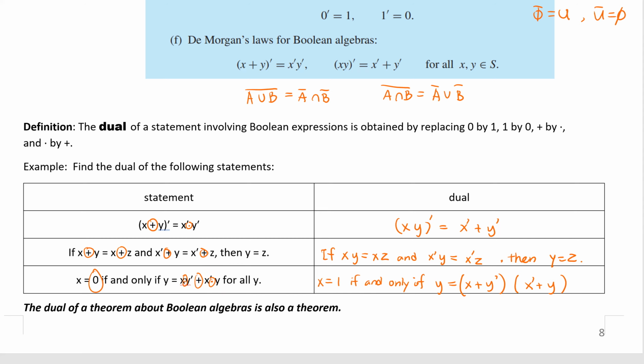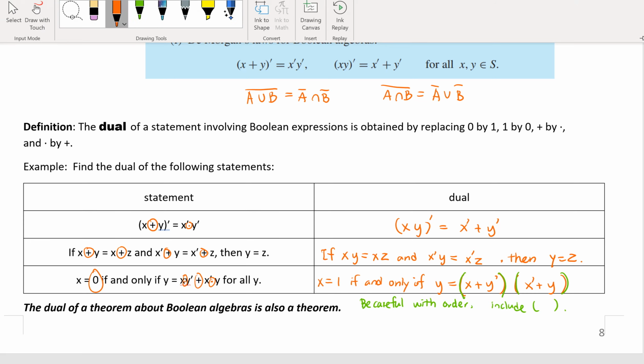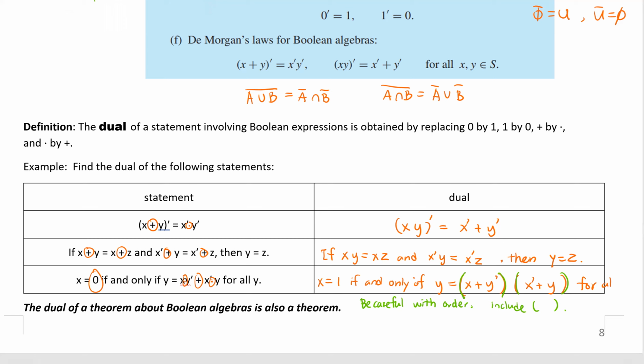Let me emphasize: be careful with the order. Sometimes we need to include parentheses. So far, so good, everybody? Oh, and we forgot the for all y there. We also need to mention it. So, for all y.